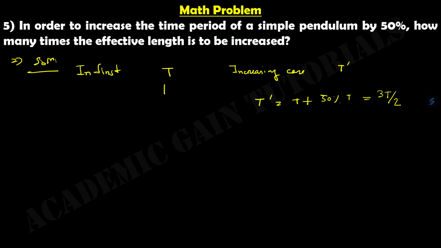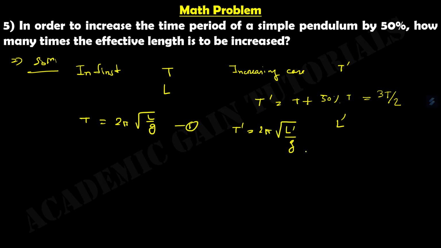In the first case, our effective length is L, and in the second case, our effective length is L prime. We have to find out how many times the effective length is to be increased. In the first case, our equation of time period will be 2 pi root over L by g, and in the second case, T prime will be 2 pi root over L prime by g.